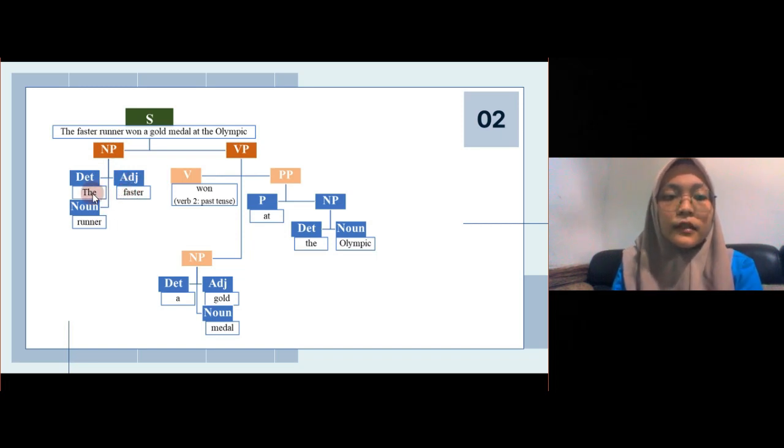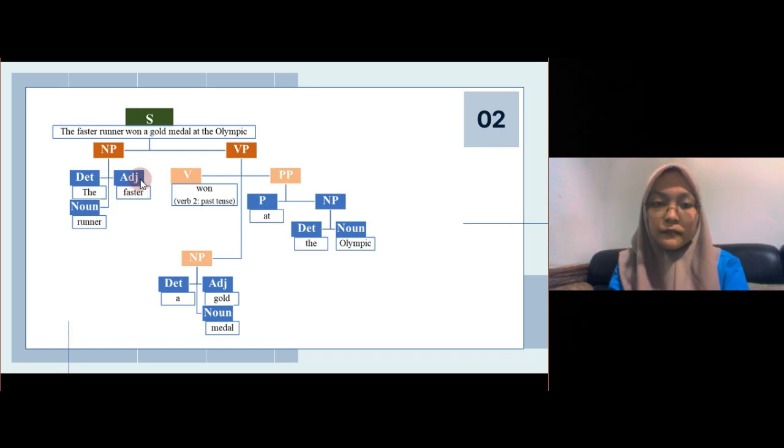You can see that the word the acts as a determiner, runner is a noun, and faster is an adjective. And the second node, the verb phrase, contains three nodes, which are verb, noun phrase, and prepositional phrase.